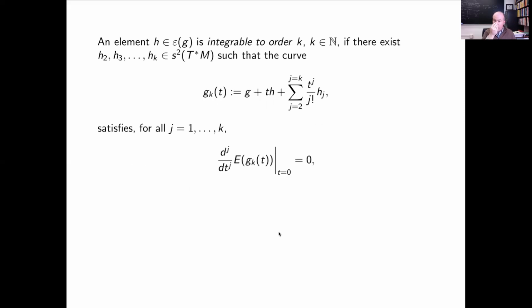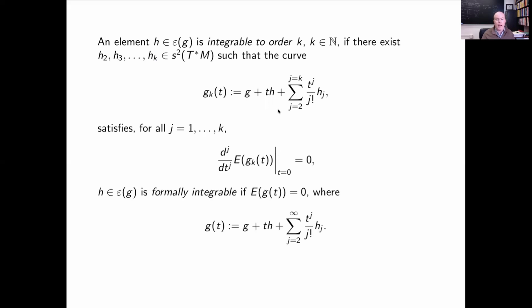All right. So somehow, because we know this space is real analytic, Koiso was motivated to define an element h to be integrable to order k if you can find symmetric tensors h2 up to hk, so that all derivatives up to order k will vanish along the curve. So this is a generalization of being integrable to order 1, right?